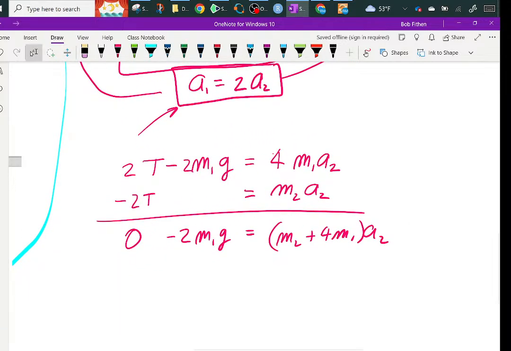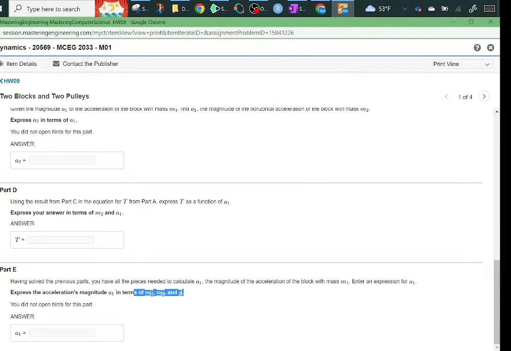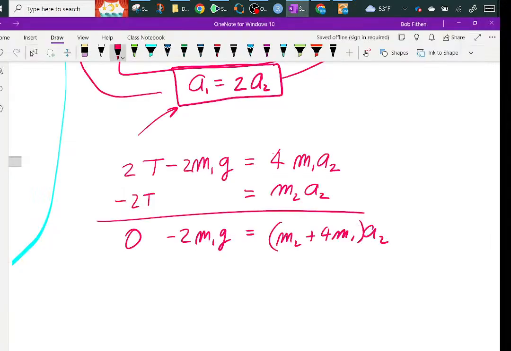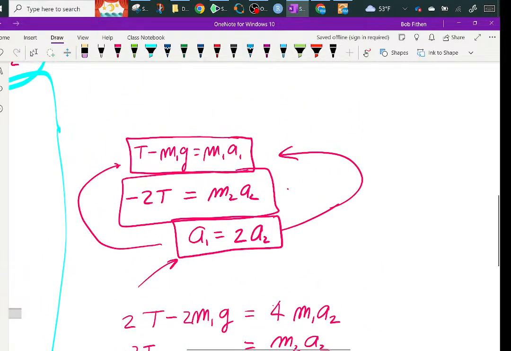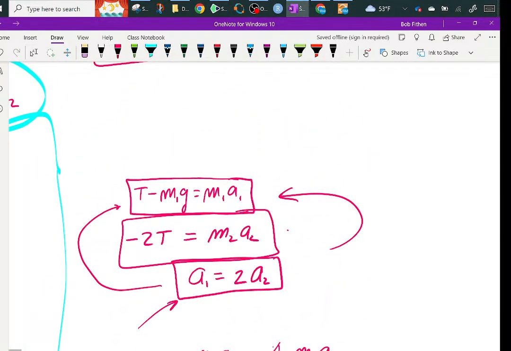But then let me relook. They wanted A1. Am I getting A1? No, I'm getting A2. So I should have done this. Should have taken this one and shoved it into that one.